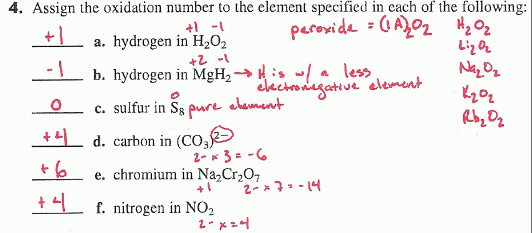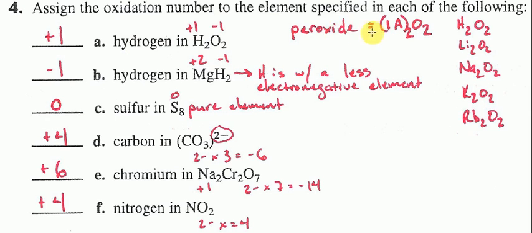If you remember your rules for charges, main group 1 elements always form +1, so we would only need 1 oxygen to balance that out. But here we have 2. That is why in a peroxide, oxygen only has a -1 oxidation state. So hydrogen in a peroxide is a +1.